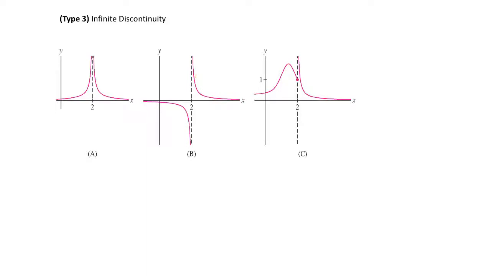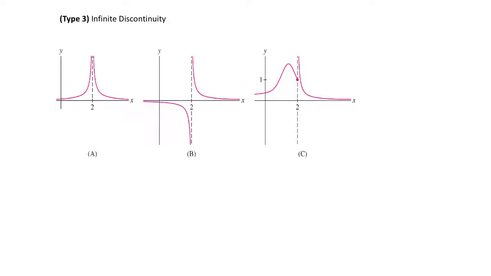Also, the right-hand limit at 2 doesn't exist because the graph goes off to positive infinity. So indeed, the line x equals 2 becomes a vertical asymptote. So then that means that we have another case of infinite discontinuity at 2. Notice how a vertical asymptote is a type of discontinuity. A vertical asymptote represents an infinite discontinuity.